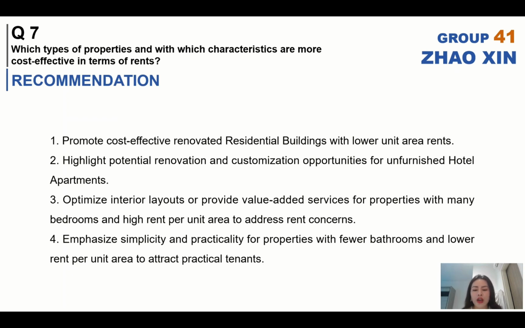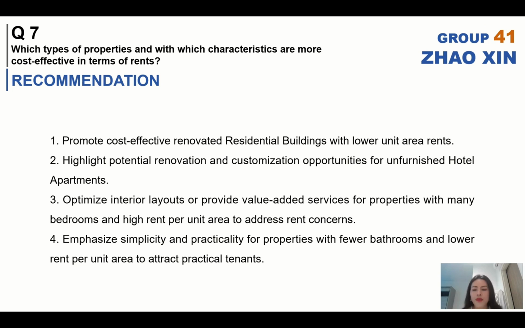The first one, promote cost-effective renovated residential buildings with lower unit area rents. The second one, highlight potential renovation and customization opportunities for unfurnished hotel apartments.